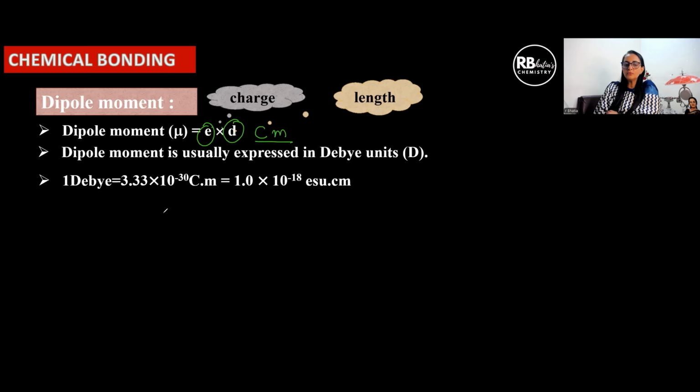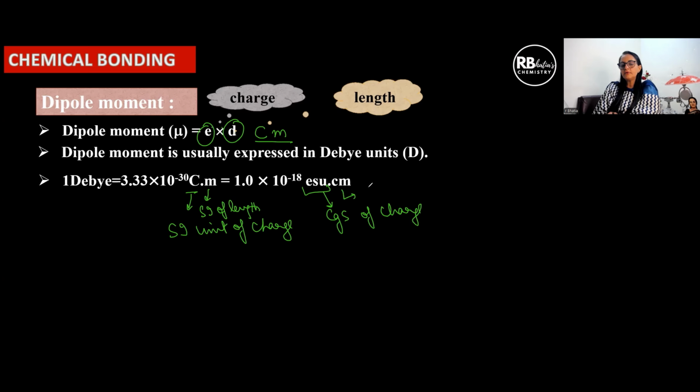So it's either coulomb meter, because this is the SI unit of charge and meter is the SI unit of length or distance. And ESU is the CGS unit of charge and centimeter is the CGS unit of length. So it's either these many coulomb meter or these many ESU centimeter.